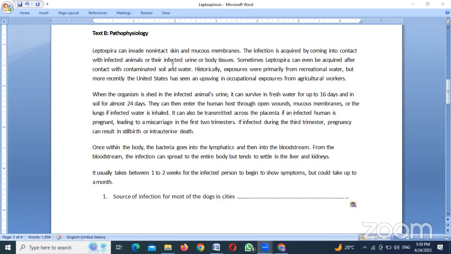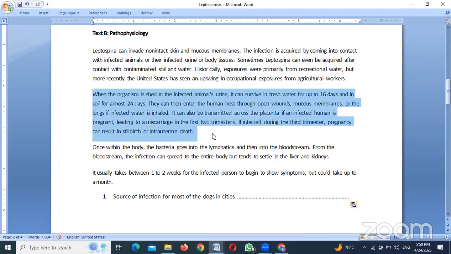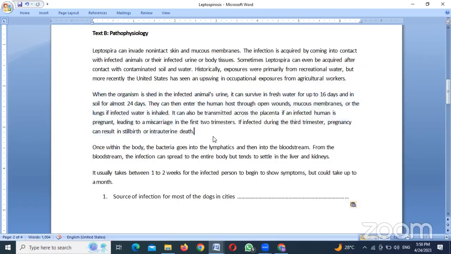Which paragraph, which line? Sir, second paragraph. And which line in this paragraph? Sir, first line.